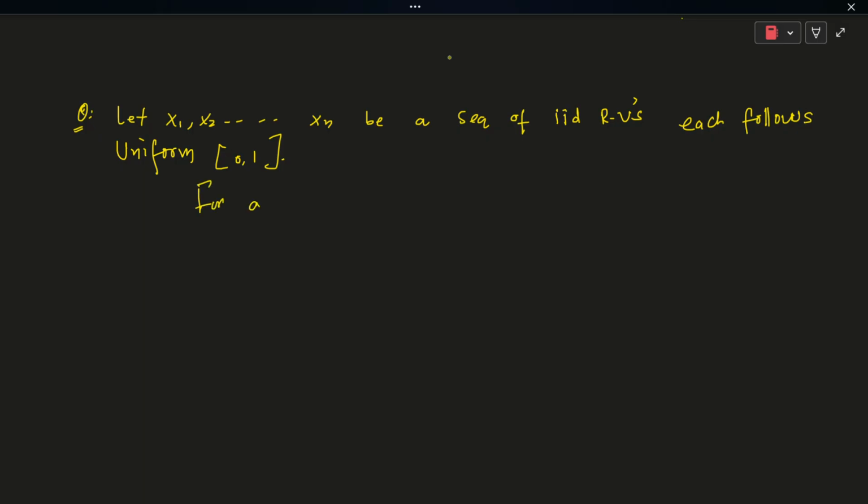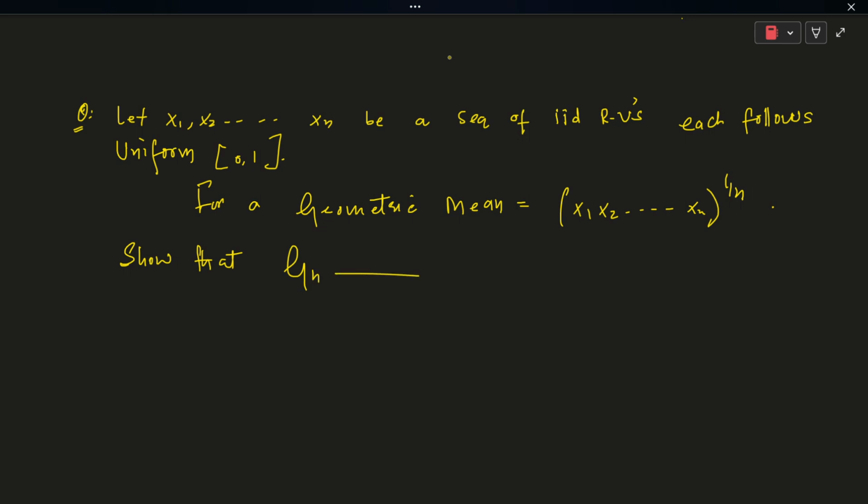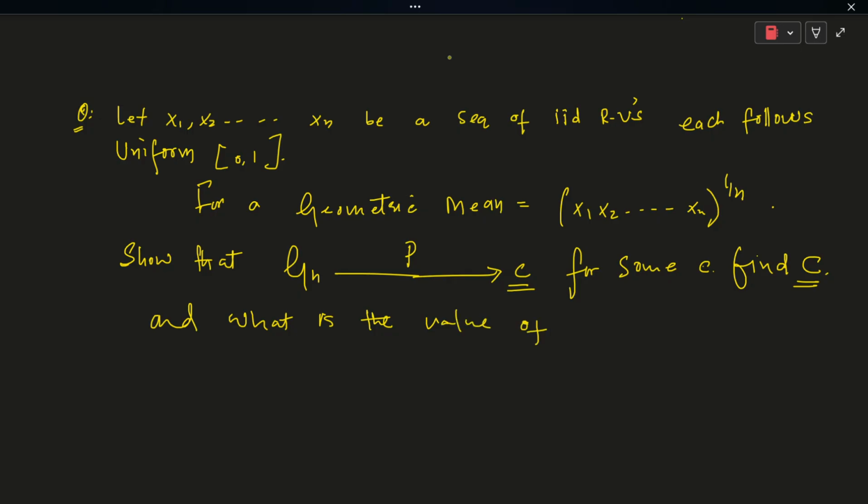For the geometric mean, that is (x1, x2 up to xn) raised to the power 1 upon n, show that Gn will converge to C in probability for some C. Then find this C. And what is the value of e raised to the power minus 1 into C?